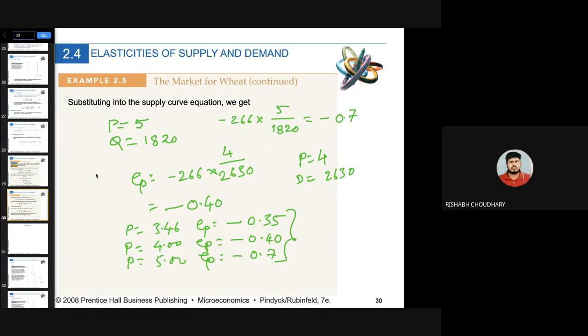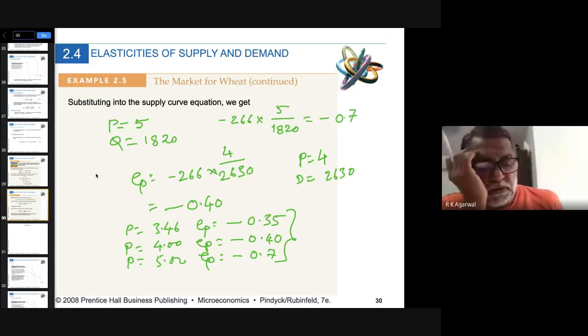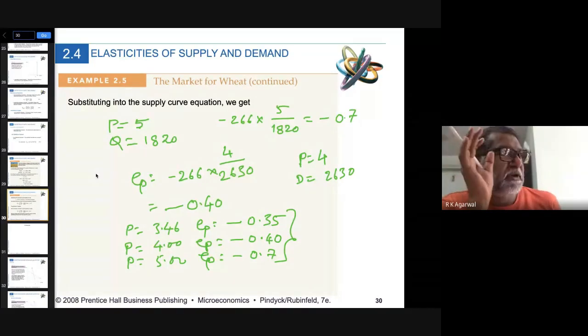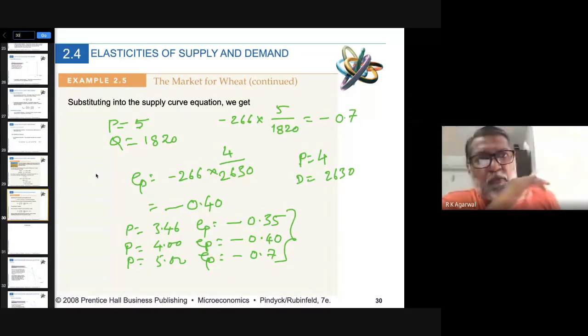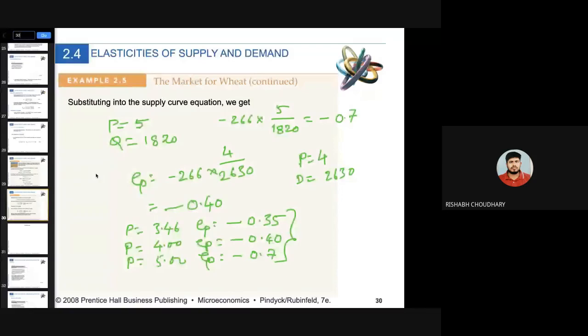Think of yourself or your friend. When will they respond more to a change in price, and when will they respond less to a price change?